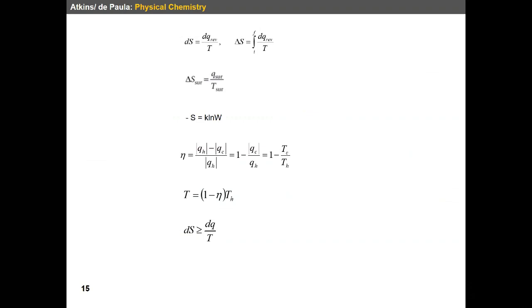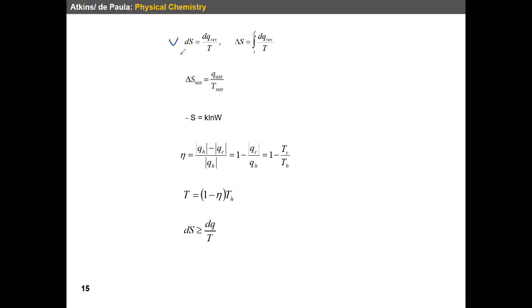Okay, so now we have learned about some fundamental theory and concepts of entropy. This is a quick summary. So now you know this is the definition of entropy for a thermodynamic system.